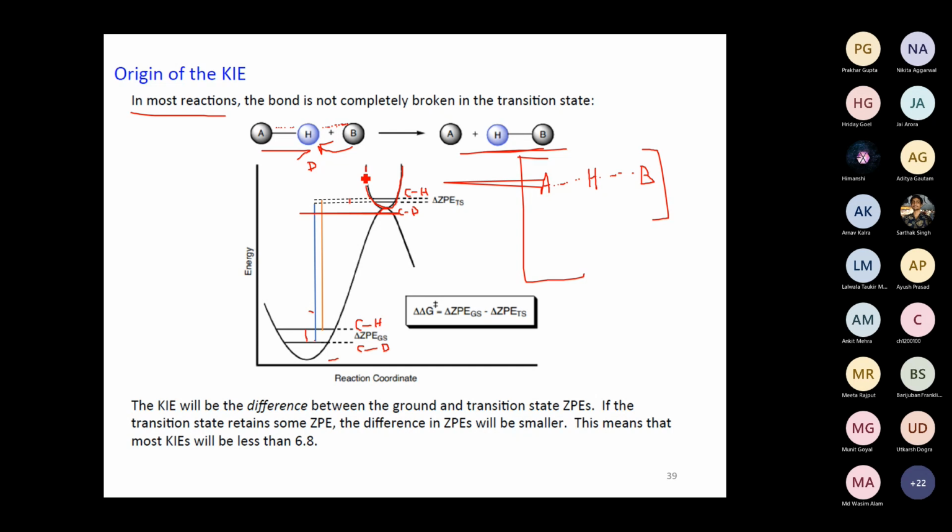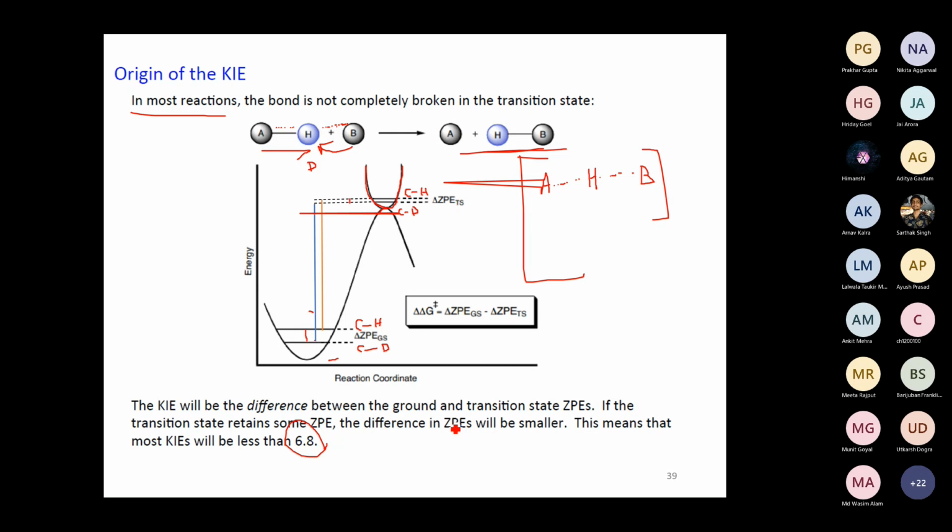Okay. So now I told you the range of KH by KD is 1.5 to 6.8. Now the next question will be, if it is 1.5, when will it be 1.5 or 2, or in some cases why is it a range? For which cases will it be a lower KH by KD, suppose 2, and what are the cases where you may see a higher KH by KD like 6 or more than 6 or 5.